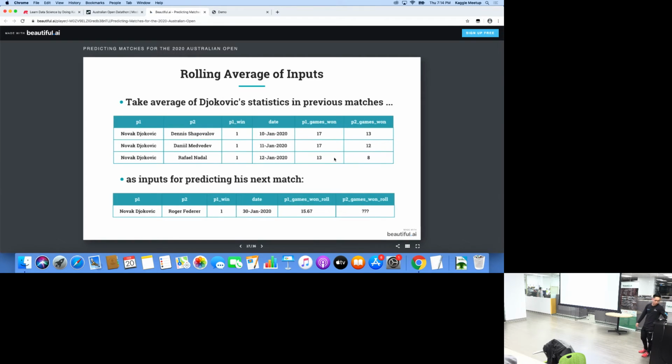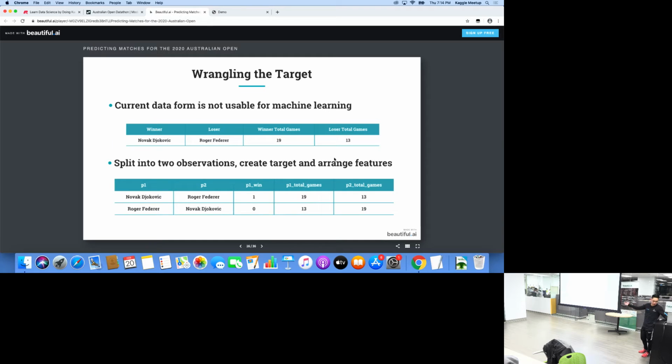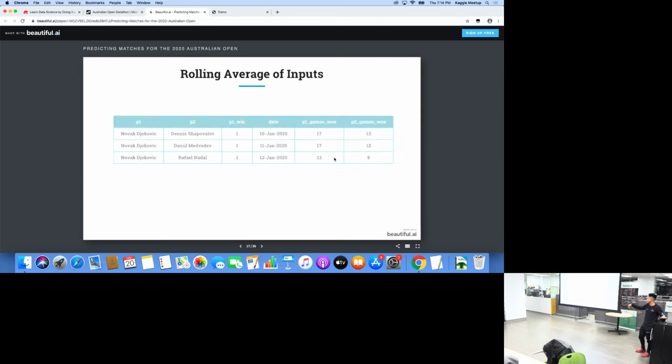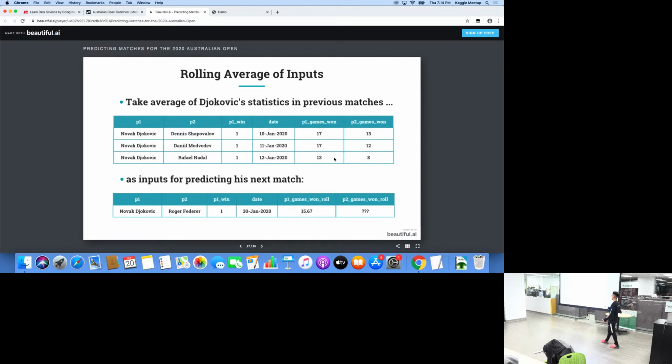So instead of Novak Djokovic having 19 games won in his current match as a feature, we look at his previous 3 matches. He played Denis Shapovalov, Daniil Medvedev, and Rafael Nadal, and he won 17, 17, and 13 games in those 3 matches. Then we average those and use that as a feature for this current match. You do the same thing for Roger Federer. I've left that as a question mark because I couldn't be bothered putting another table in.